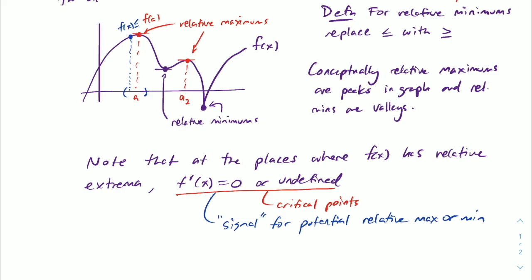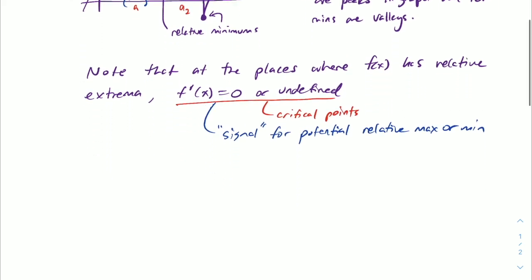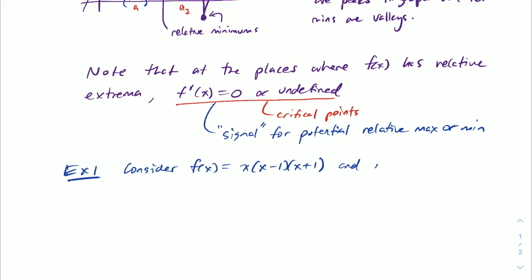All right, now we can do our example. Example 1. So let's consider the function x times x minus 1 times x plus 1, and identify locations of relative max or min.